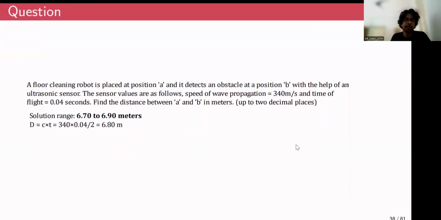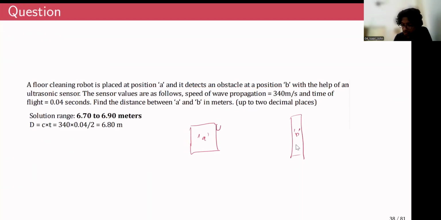And the typical question that you can expect is a very brief, very simple numerical question, such as this one. It talks about a floor cleaning robot that is placed at a position A, and it detects an obstacle at position B with the help of an ultrasonic sensor.